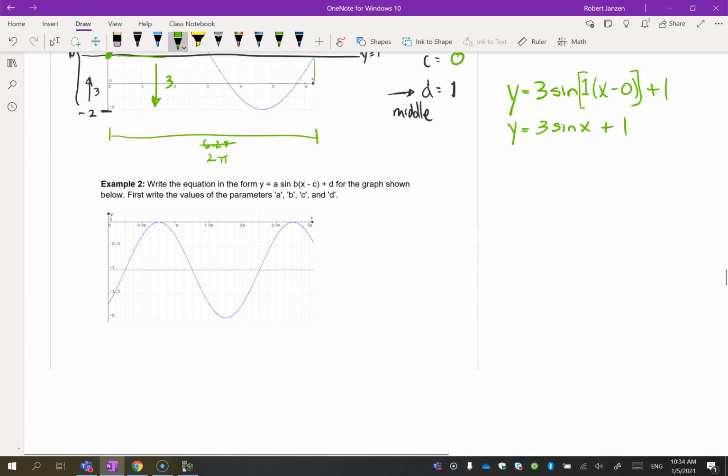All right, there's our first chance. Why don't you try this one? Pause it for a second. See if you can figure out what is A, what is B, what is C, and what is D. Okay, pause the video. Come back when you're done.